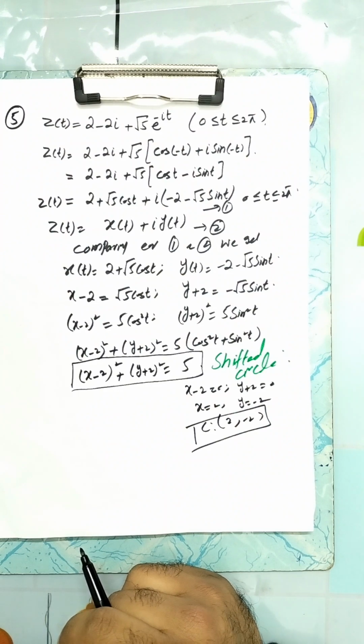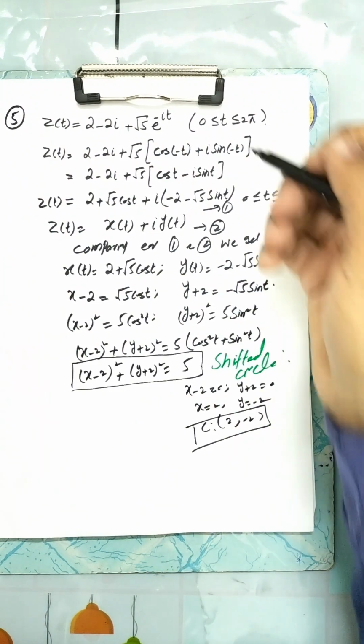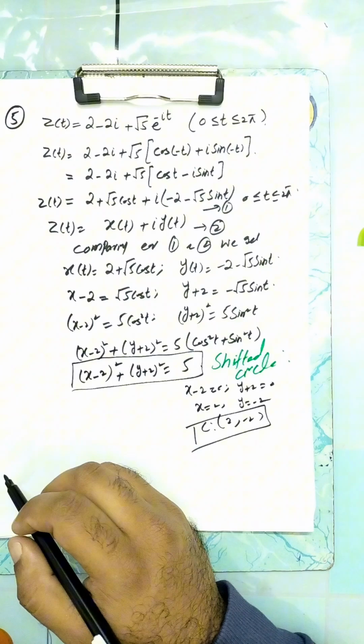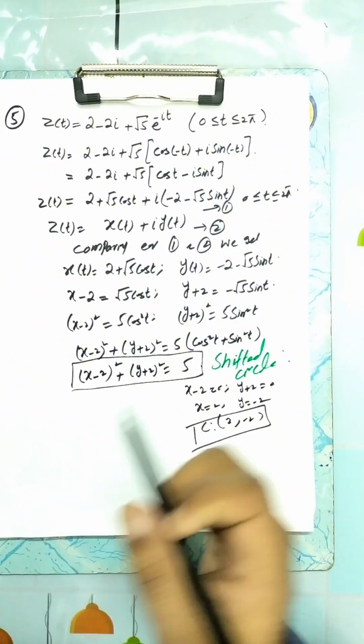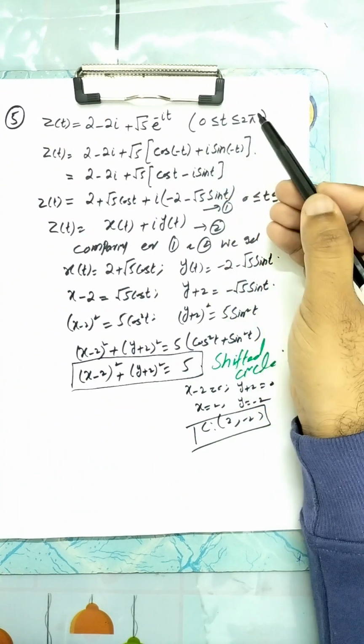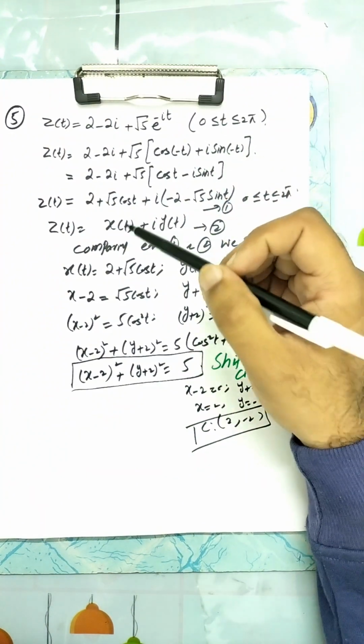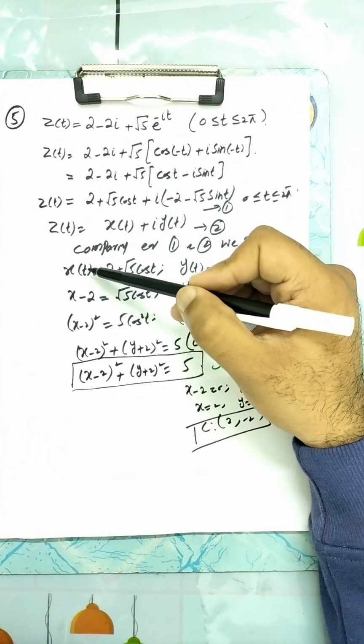Okay. So now we check the ending and starting point. How to check the starting and ending point? This is the complete circle, 0 to 2 pi. So we need to put the values in here.